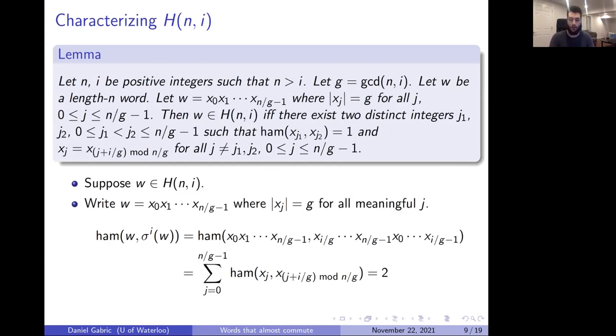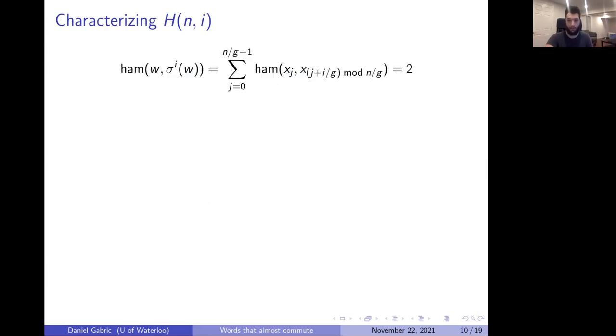So we can rewrite this whole Hamming distance as just the sum from j equals 0 to n over g minus 1 of the Hamming distance between x_j and x_{j + i/g mod n/g}. And since W is in H_n^i, we know that this evaluates to 2.